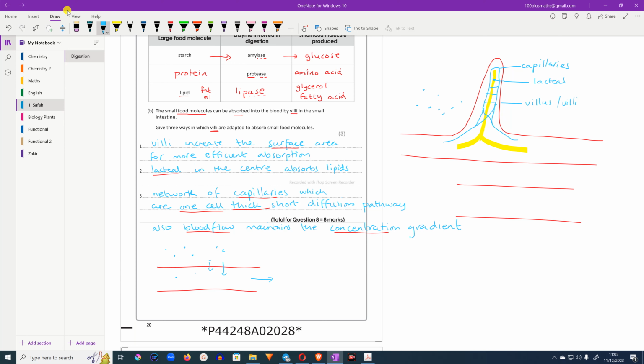And also another adaptation is that it has to be permeable.